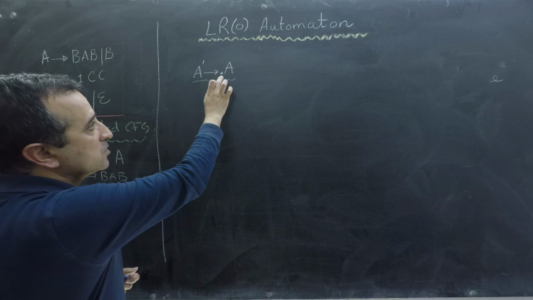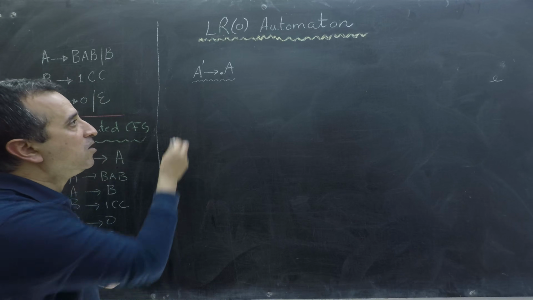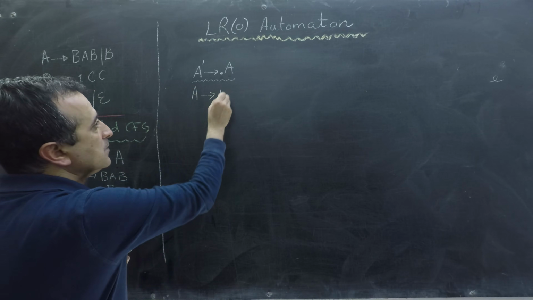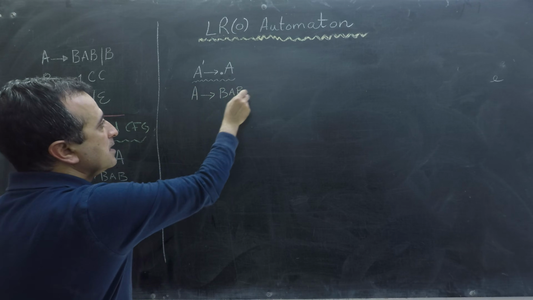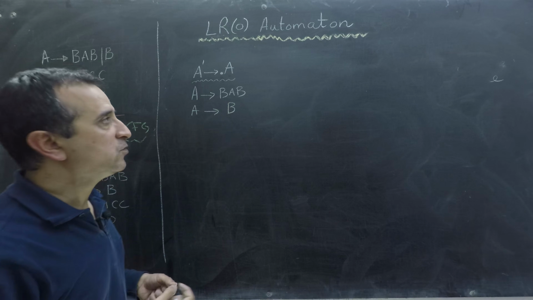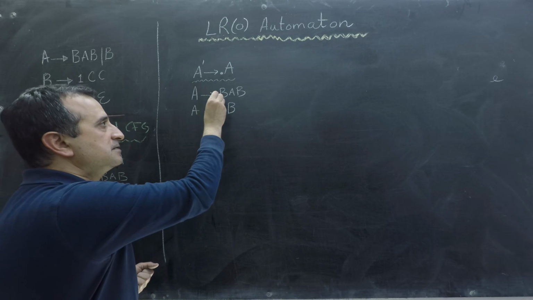Because the dot is before A, using the closure rule, I have to add all the productions of A here. A goes to B A B, and A goes to B, and then I have to place the dot at the beginning of the right hand side of these productions.